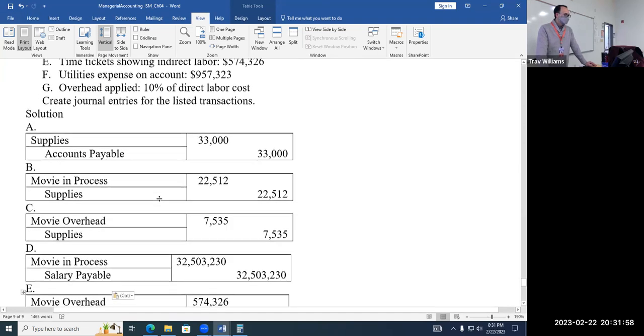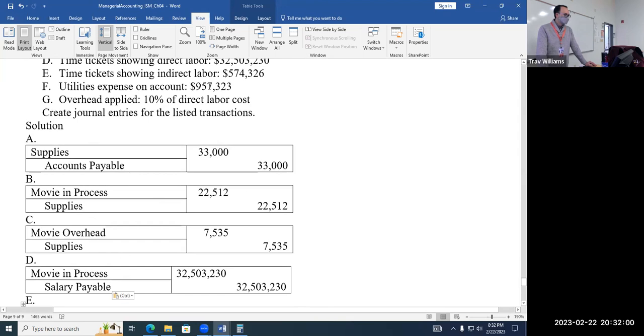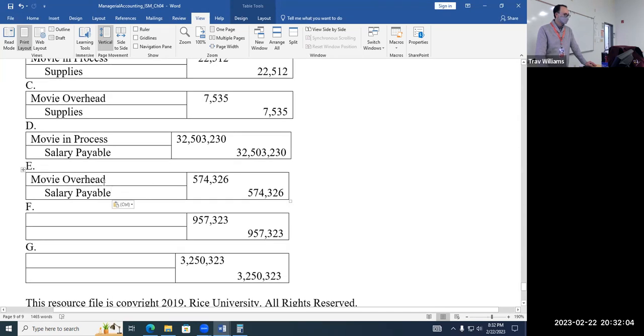Then we get to F. We have a utilities expense on account. Remember, utilities just go into overhead. And since it's on account, we credit accounts payable.